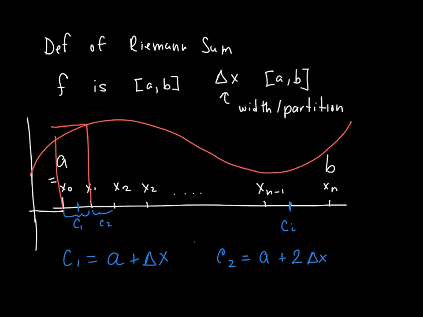So our general formula for C of i is always going to be whatever my a is, plus i, the interval that I'm in, times delta x. And we need that going forward.